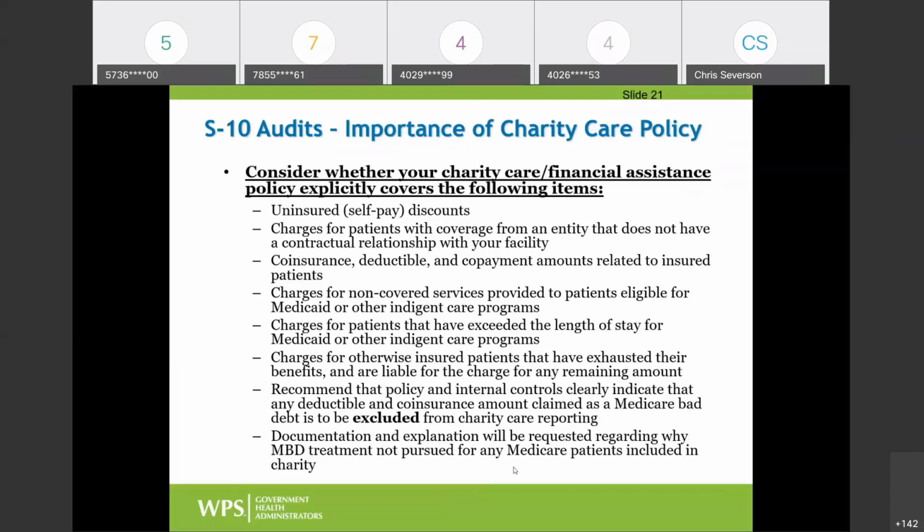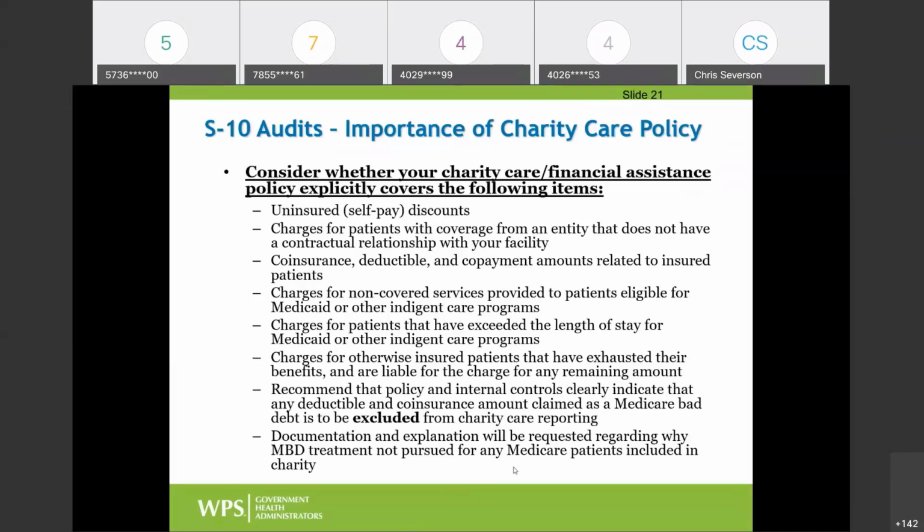Now, I do want to mention something here. Kind of tying to that second to the last bullet point, we have seen some situations where Medicare patients, so again, it would just be the deductibles and coinsurance amount, have shown up in the charity care listing. Now, that is a pretty high risk item because it seems like that must be a duplicate, but we've had responses from providers that no, we did not include that as a Medicare bad debt, perhaps because they didn't meet the Medicare bad debt criteria.